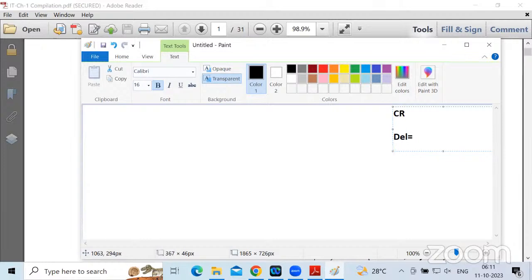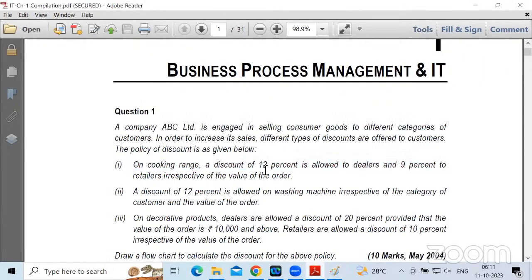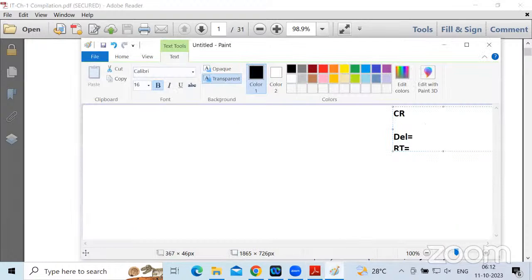Ordinary customer, retail customer. So what is the percentage they have given? A discount of 12% is allowed to dealers and 9% to retailers. 12% and 9%.